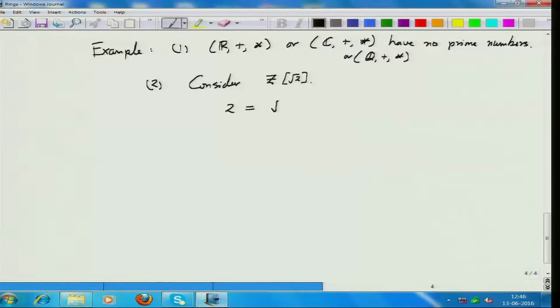Is that true? It is not true. 2 is square root 2 times square root of 2. It's the same number squared, and square root 2 is a number in this ring. So 2 is not a prime in this ring.